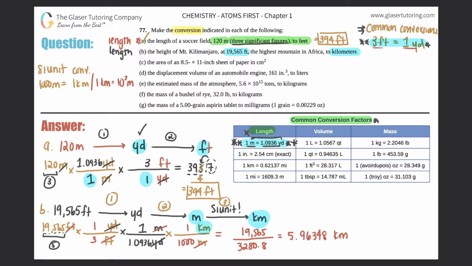The 19565. So 59634. And the 8 will round the 4 to a 5. So this would really be 5.9635 kilometers.